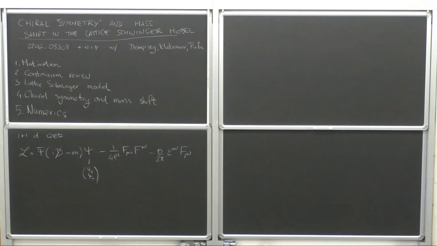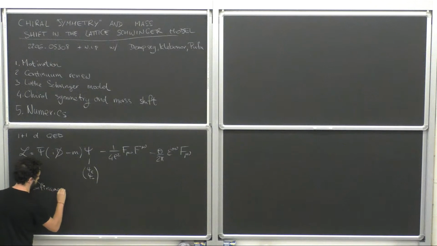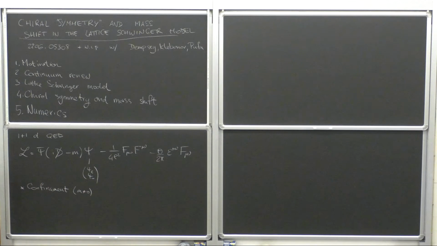Why do we care about the Schwinger model? Well, we care about it because it's a simple theory that somehow shows some of the behavior that more complicated theories in 4 dimensions show. So for example, this is a theory that exhibits confinement for non-zero mass in the same way as some 4-dimensional theory would show confinement.